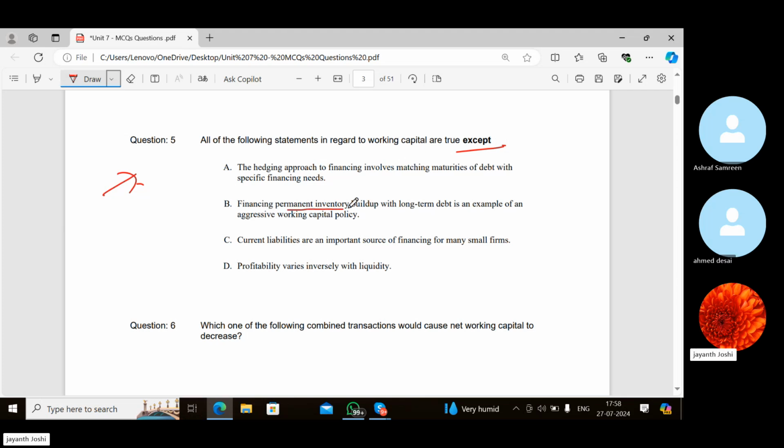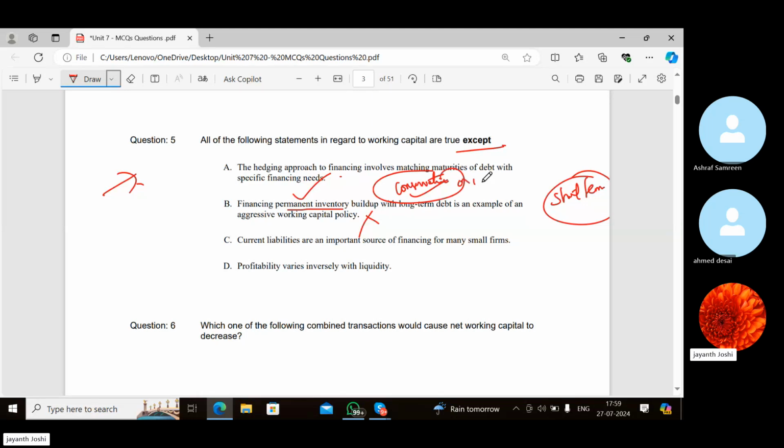Financing inventory buildup with long-term debt is an example of aggressive policy. No, in aggressive policy, they use more short-term funds to buy inventory. Long-term debt to take more permanent kind of assets is typical of what, aggressive or conservative?